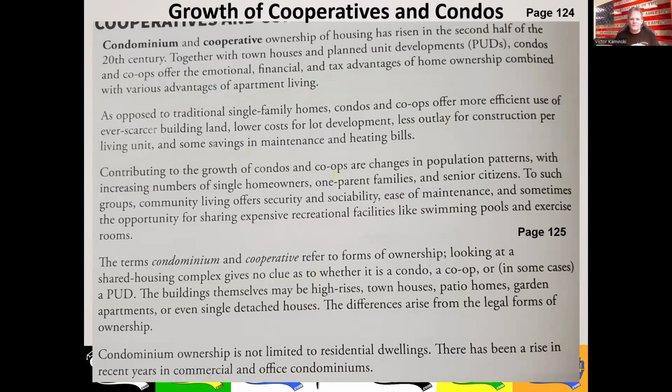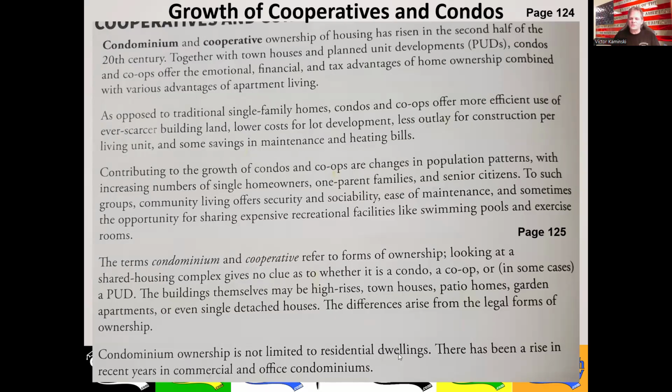Now, the buildings themselves could be high rises, townhouses, patio homes, garden apartments, or even single detached houses can be part of a condo complex or co-op, what have you. The differences arise from the legal form of ownership. It's in the paperwork. And simply looking at a structure gives you no idea as to what form of ownership it is. And there are also business condos too.